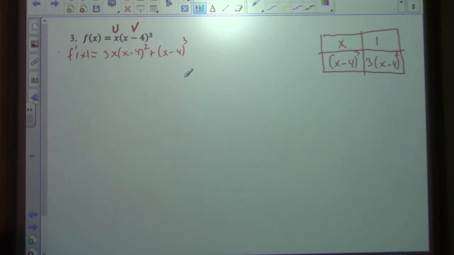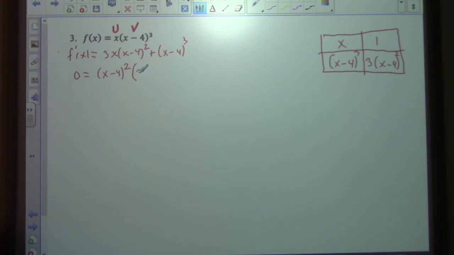Okay, how are you going to find your critical numbers for this? Set this equal to 0. So we have 0 equals, and the greatest common factor here is going to be (x minus 4) squared, right? So we factor that out, and what times (x minus 4) squared equals 3x times that?